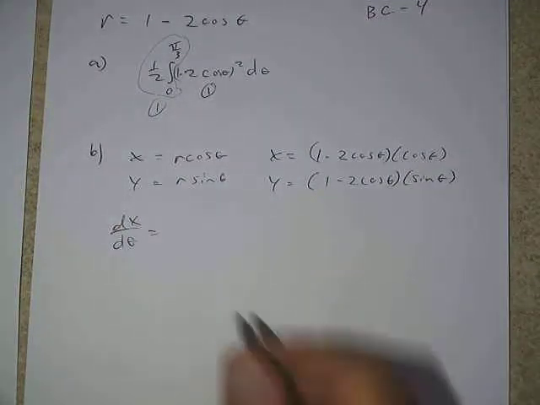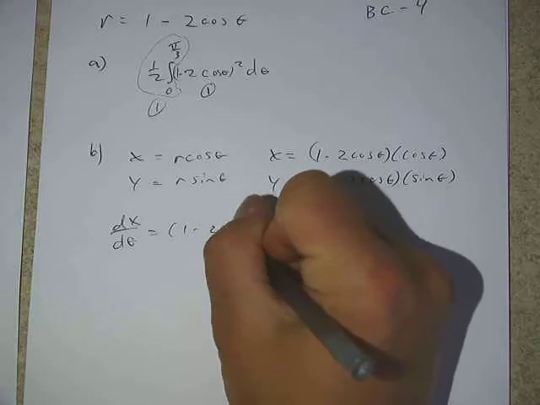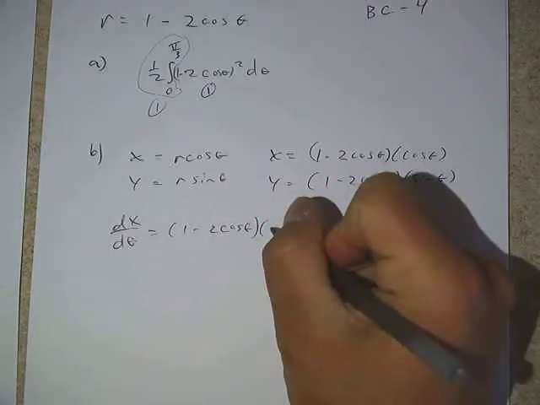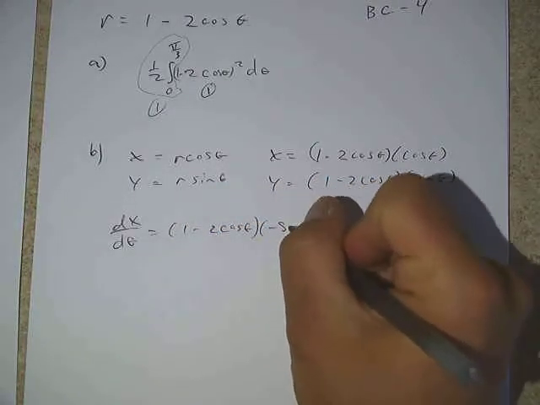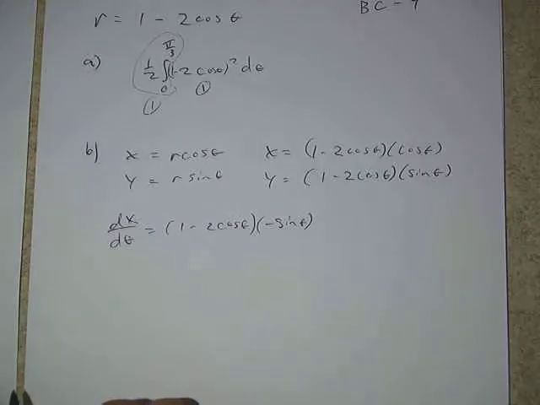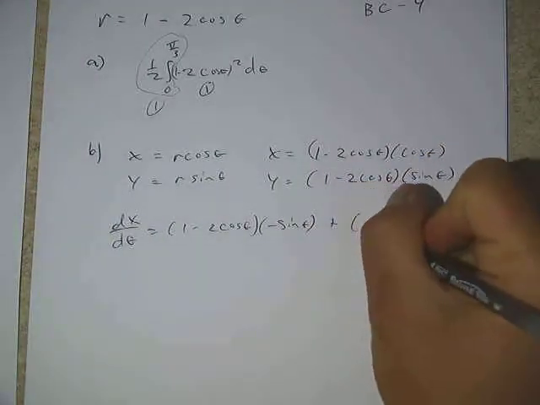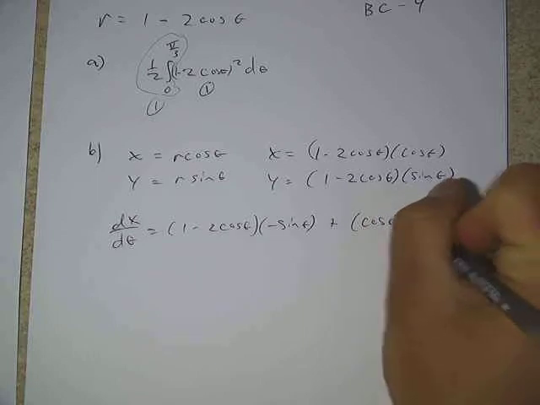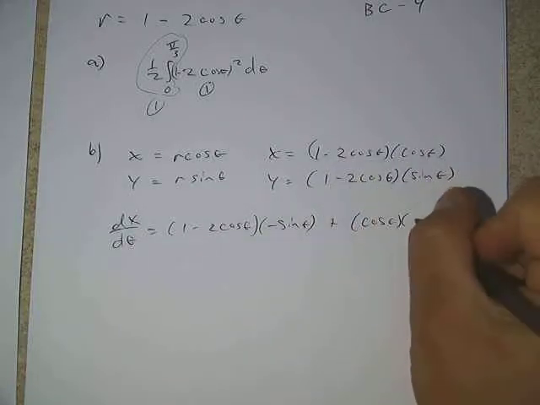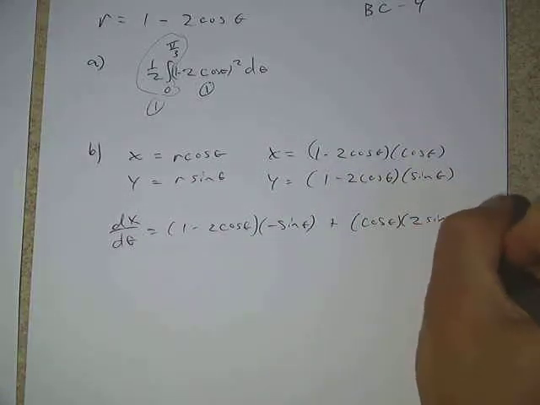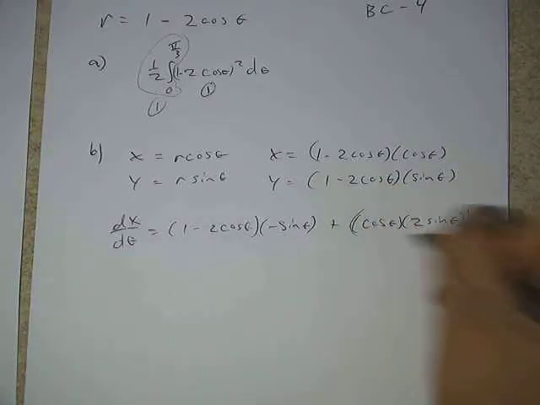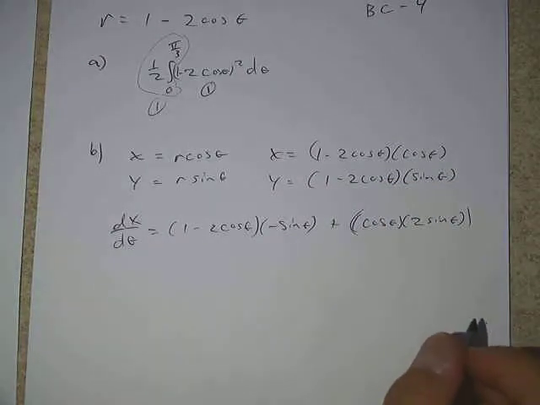For dx d theta in our case, we'd have to use the product rule. So we'd have 1 minus 2 cosine theta times negative sine theta, plus cosine theta times the derivative of this, which would be 2 sine theta.